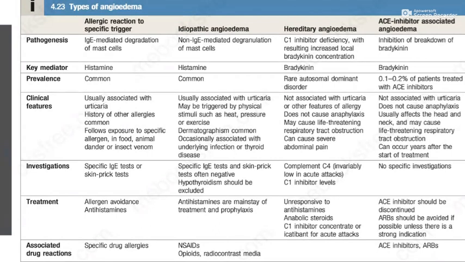In the ACE inhibitor associated type, you should discontinue the ACE inhibitor. ARBs should be avoided if possible, unless there is strong indication. That means if we have an ACE inhibitor, the common practice is to change ACE inhibitor to ARBs, which is angiotensin receptor blocker. But of course this practice applies in the management of cough, a side effect of ACE inhibitor.